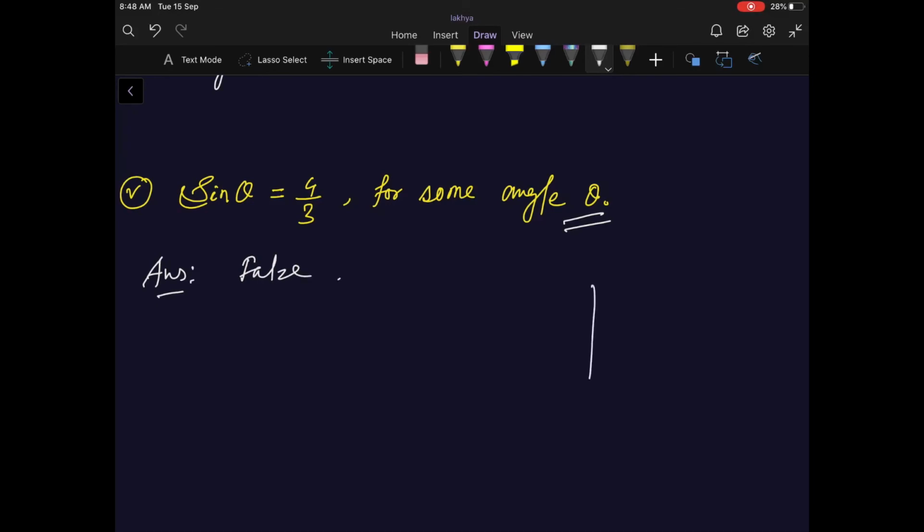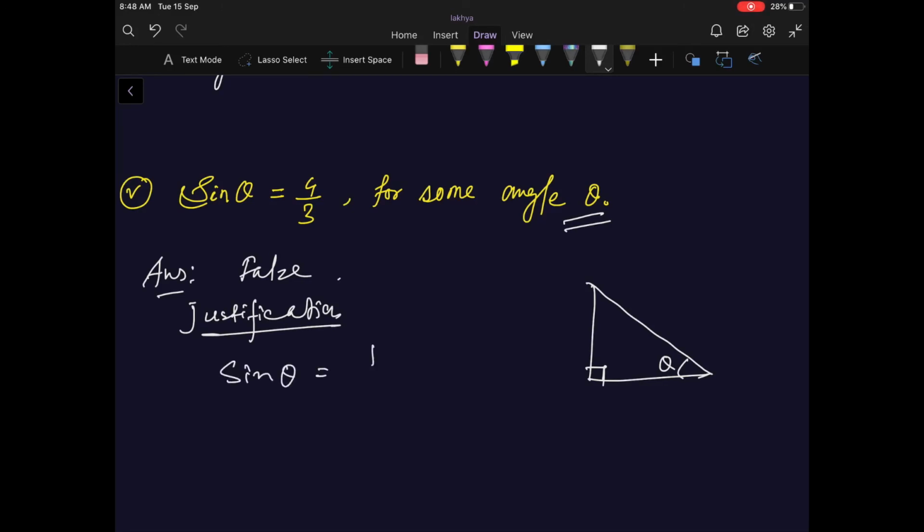Suppose this is a right angle triangle, with the right angle here and this is theta. Let me write the justification. Sine theta is equal to perpendicular by hypotenuse.